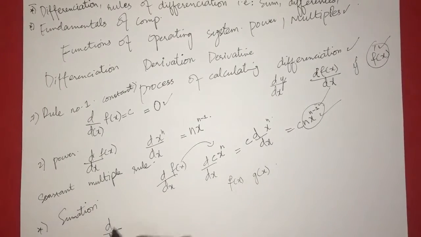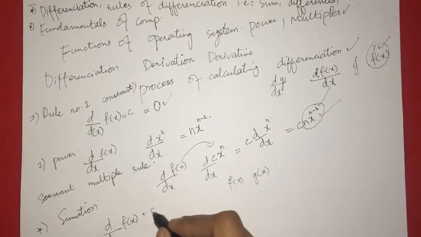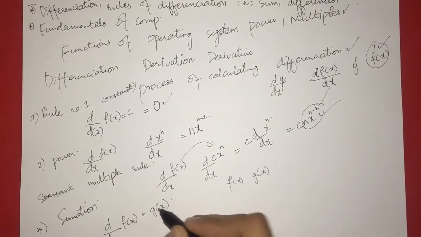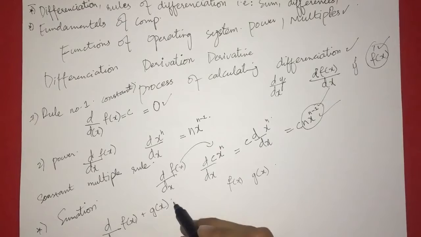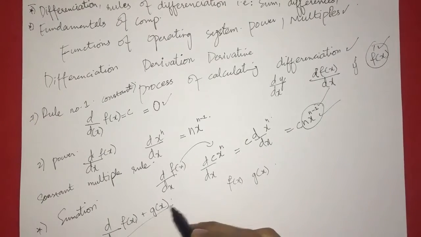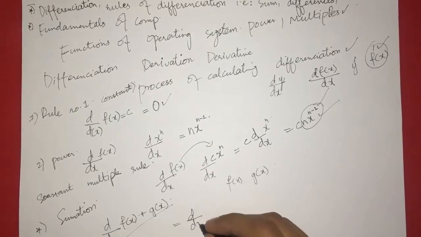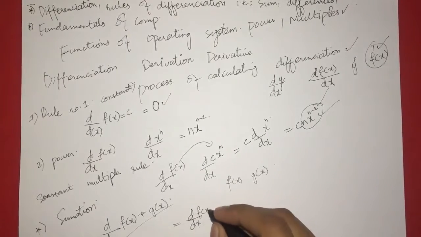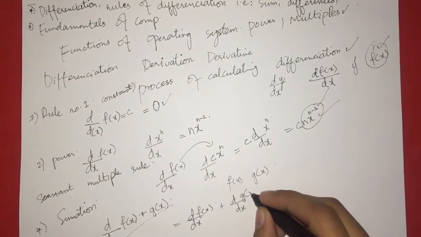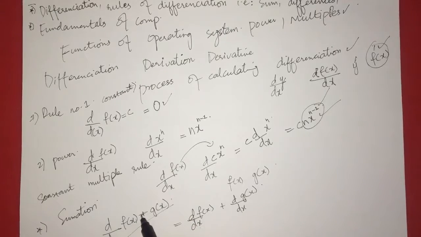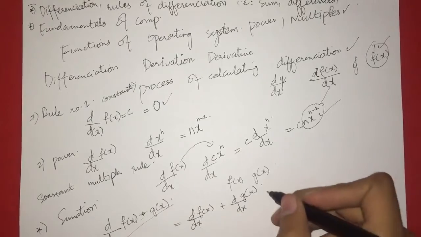If you have the derivative of f of x plus g of x, the derivative of these two functions when they are being summed up is going to be equal to the derivative of the first function plus the derivative of the second function. This is pretty easy because it just separates the terms, and the derivative is applied on the individual terms.